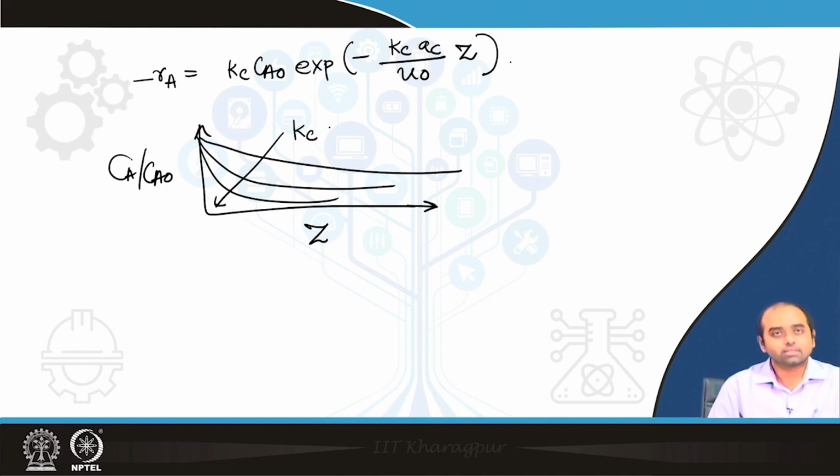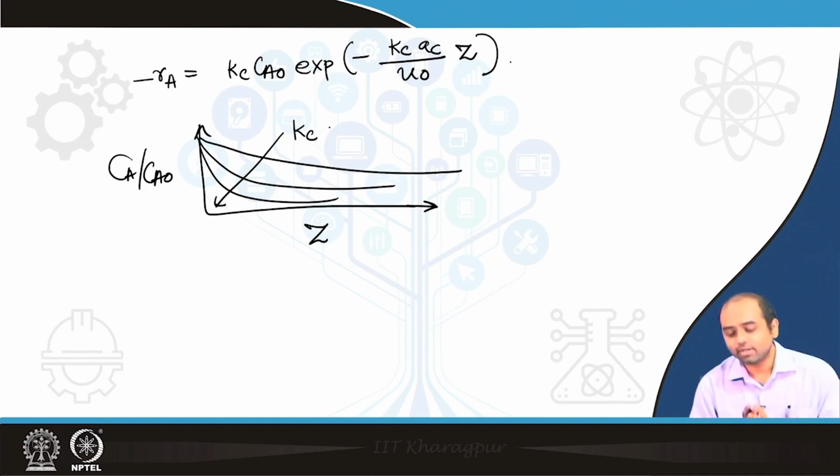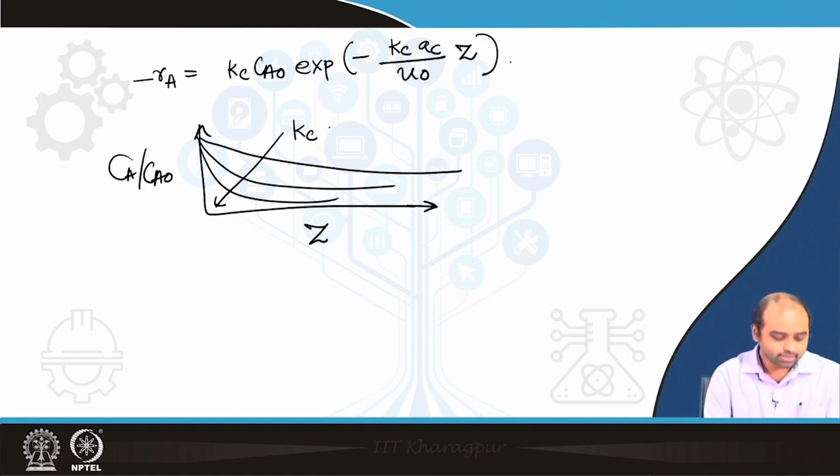So, this relation provides very useful information with respect to the design of the packed bed reactor, of course making some assumptions: that there are no intra particle effects, because we have not considered any intra particle effects here. We considered the problem to be in steady state, which is normally the case for industrial practice. We also said that diffusion is not important for this problem. So, this is the case for liquid phase reactors.